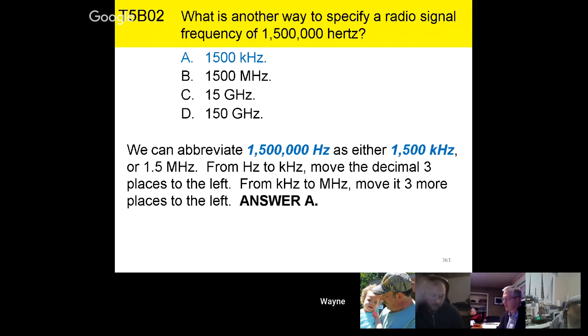Another way, it would be either 1,500 kilohertz or 1.5 megahertz. From hertz to kilohertz, you move your decimal 3 places to the left. In this case, 1,500 would become kilohertz, and then if you moved it 3 more places, you would have 1.5 megahertz.